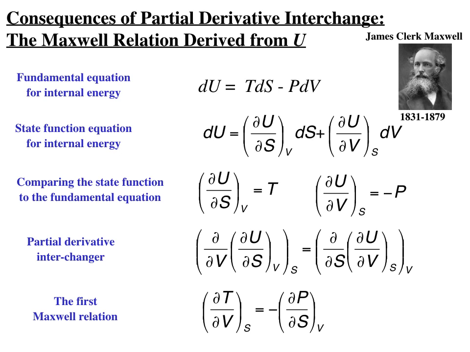Since du/ds at fixed v is equal to t, the partial of t with respect to v at fixed s has to equal, on the right-hand side, if I substitute the third equation into the fourth equation, I can put minus p in for that second partial derivative. So the partial of t with respect to v at fixed s has to be equal to the partial of p with respect to s at fixed v with a negative sign in front of it.